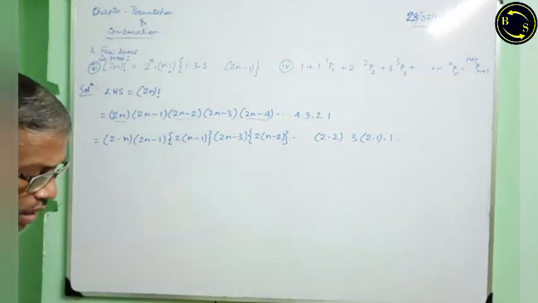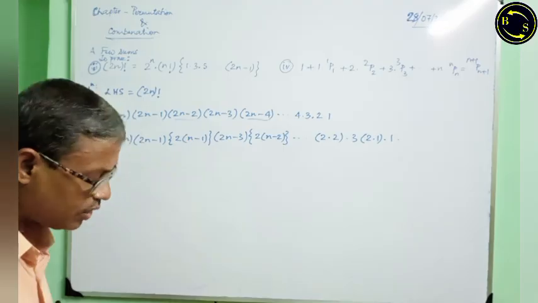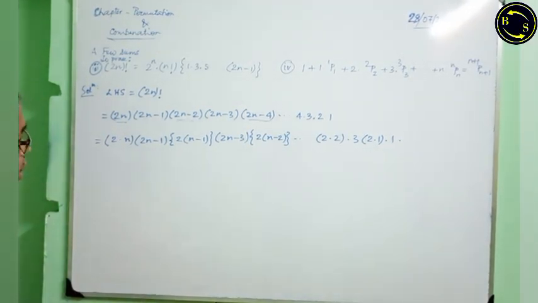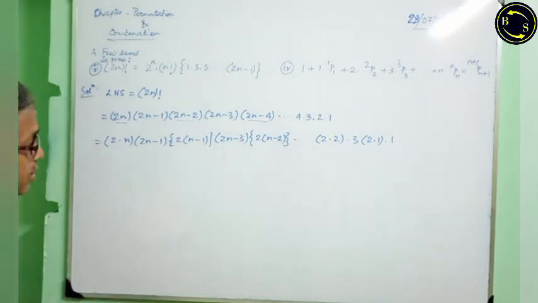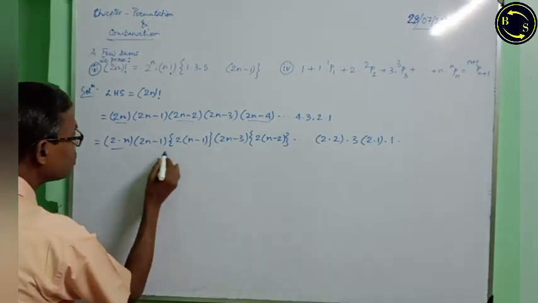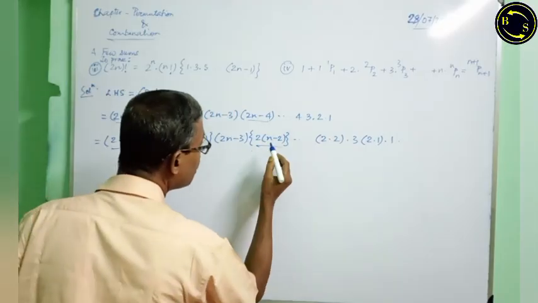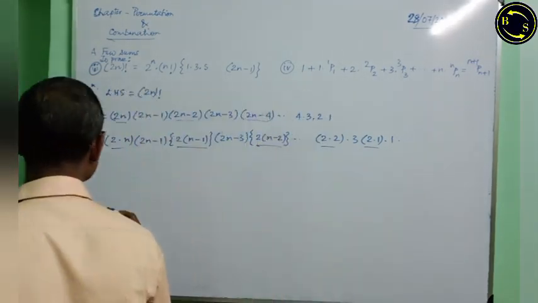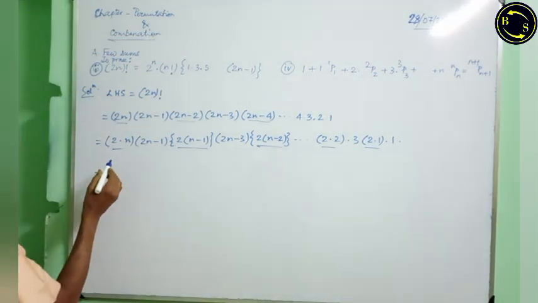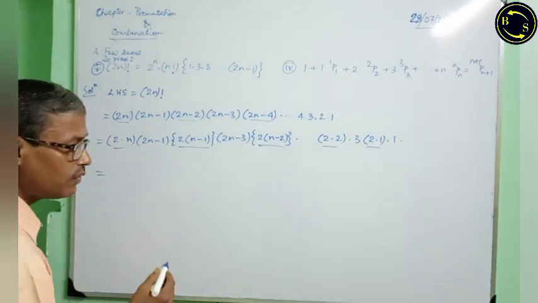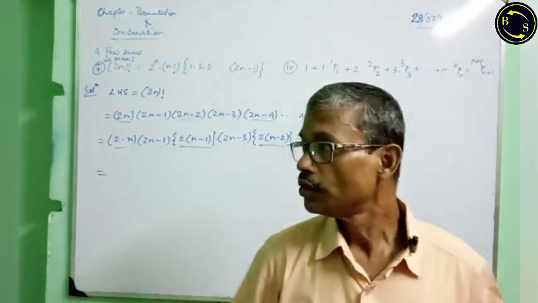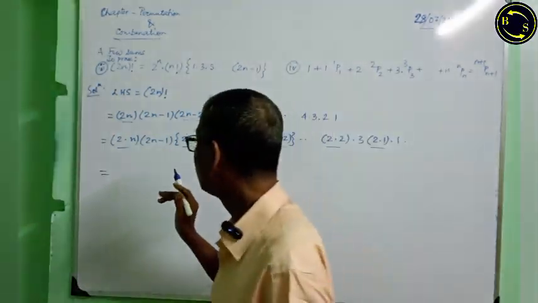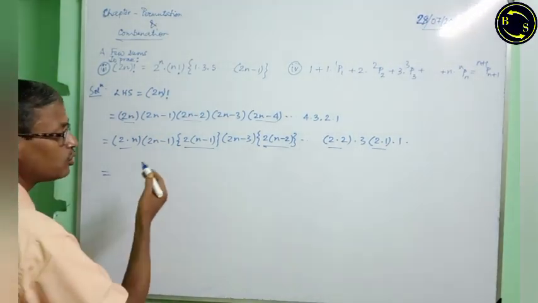Now I write together all the numbers occupying odd places. That means now as one factor of each has 2, then we take all those 2 together.